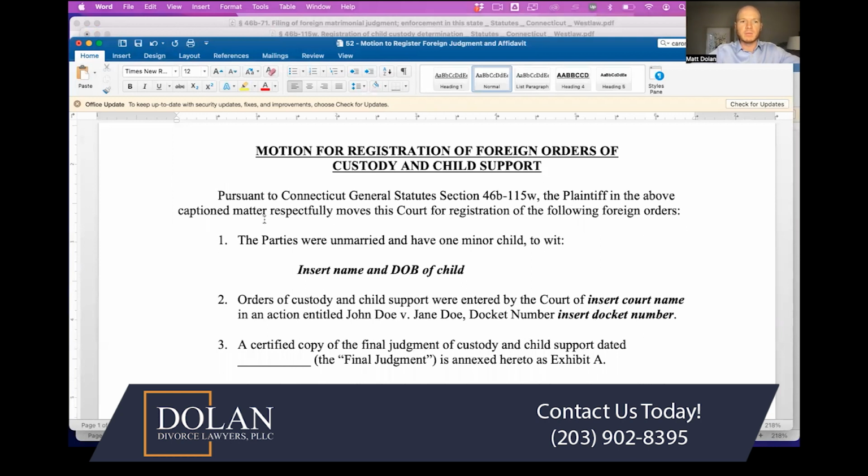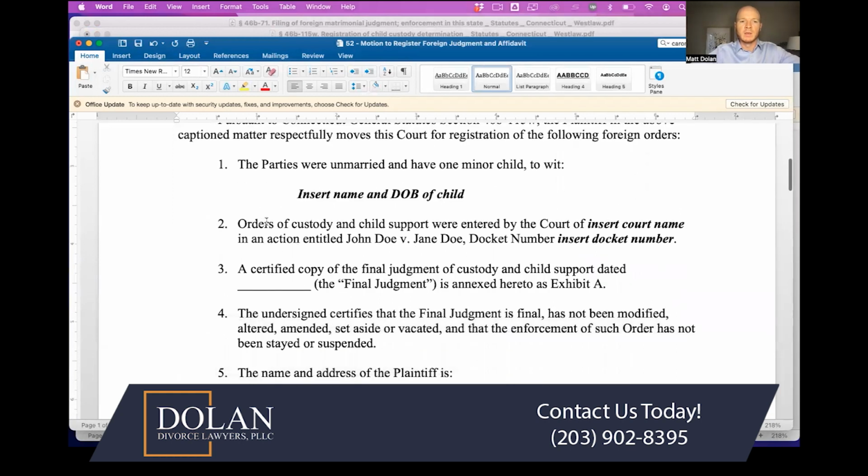The plaintiff in the above captioned matter respectfully moves this court for registration of the following foreign orders. Put that the parties were unmarried and have one minor child. Insert that child's name and date of birth. Indicate that orders of custody were ordered by the court of, insert the court's name of wherever that state is.